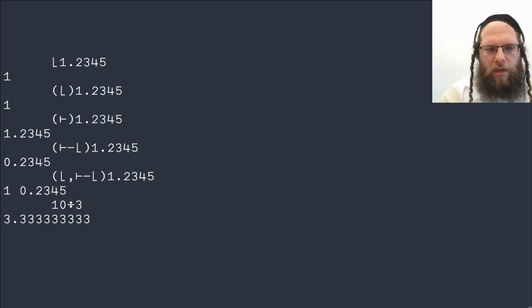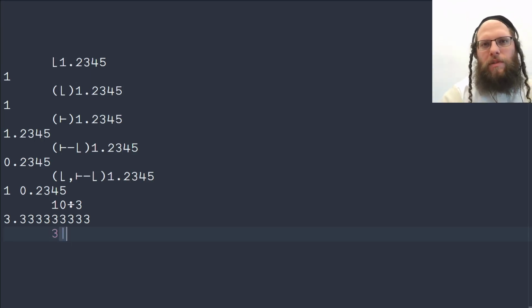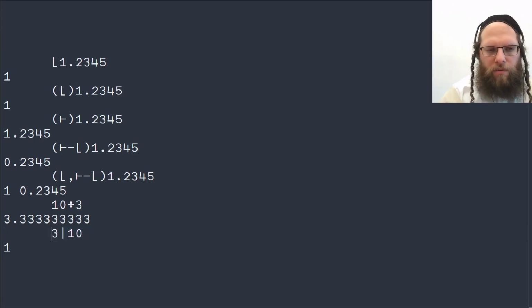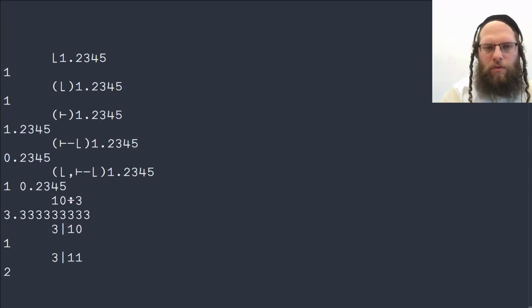We can write that in APL with a vertical bar, a notation taken from traditional mathematics, which means divides. So 3 divides 10, you get 1 left over. If we had 3 divides 11, we would get 2 left over.